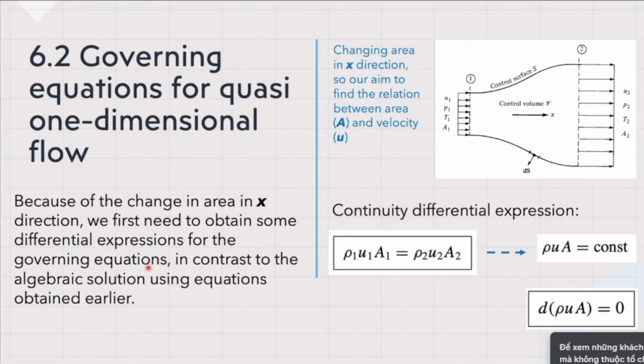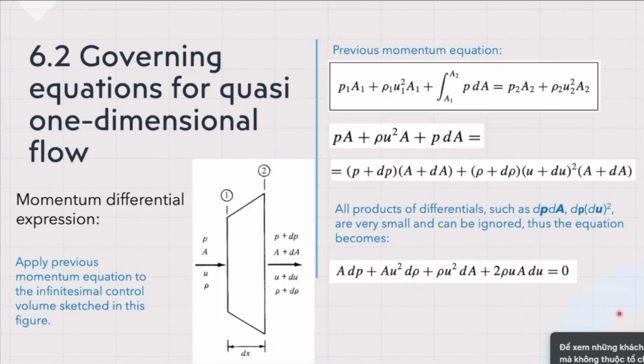So in contrast to the algebraic solution using equations obtained earlier, using the continuity differential expression, we have this continuity equation, then we know that rho UA is now constant, right? And the small change in rho UA, the density times velocity times the area, will be equal to 0, right?